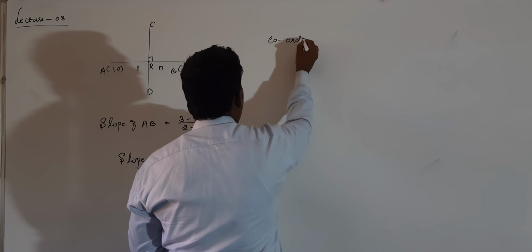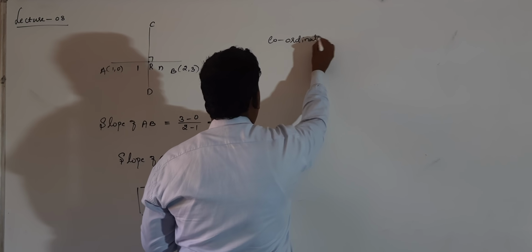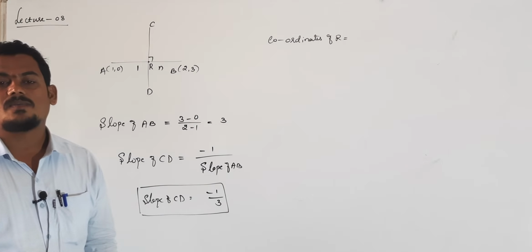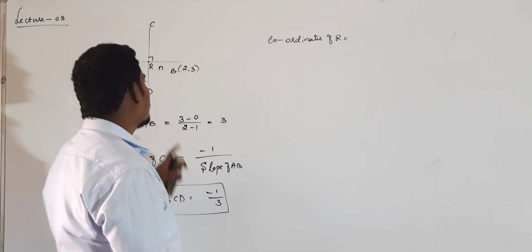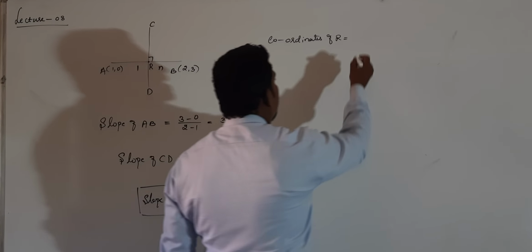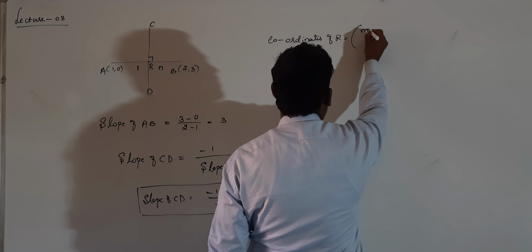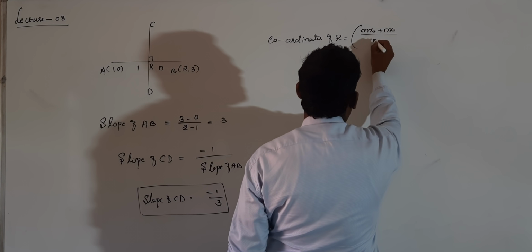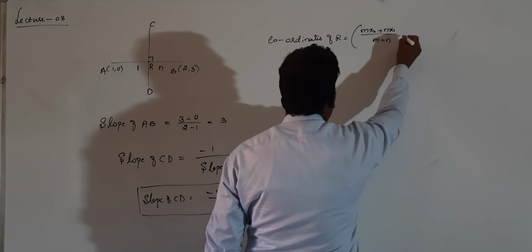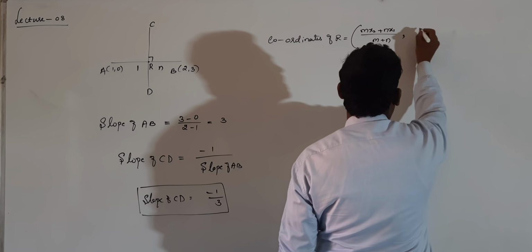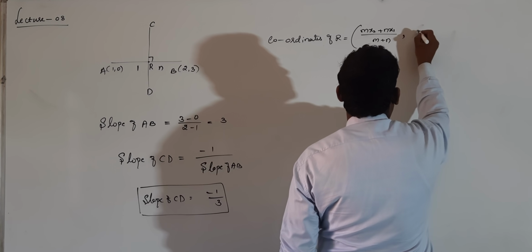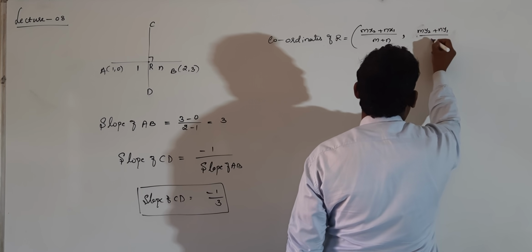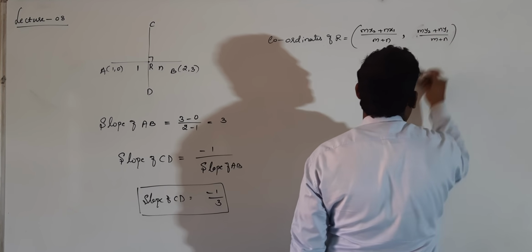Coordinates of capital R is equal to, by using the section formula, first write the formula: (mx2 plus nx1) divided by (m plus n), and similarly the y coordinate (my2 plus ny1) divided by (m plus n).